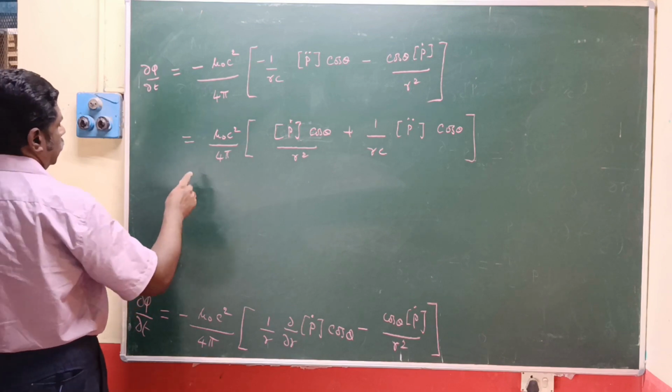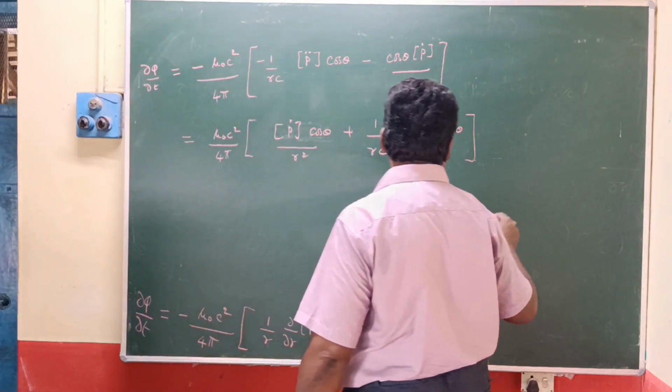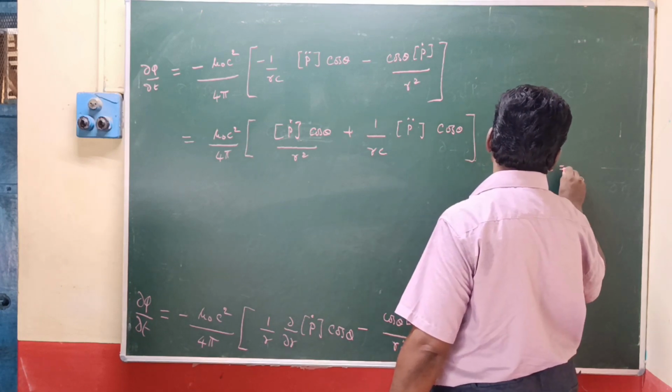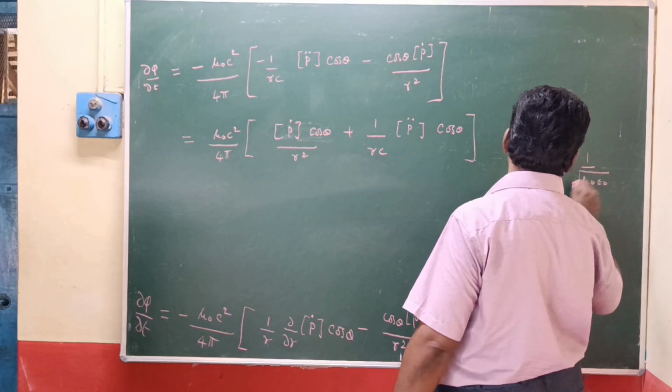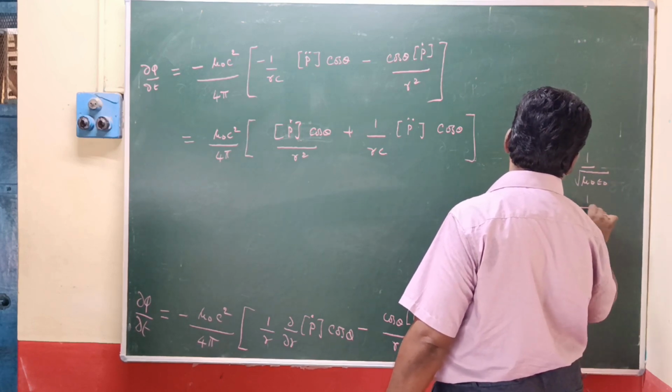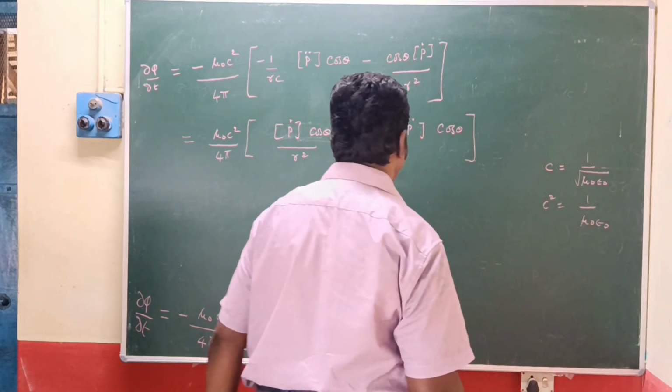You know that c equals 1 divided by the root of μ₀ε₀. c² is 1 divided by μ₀ε₀.